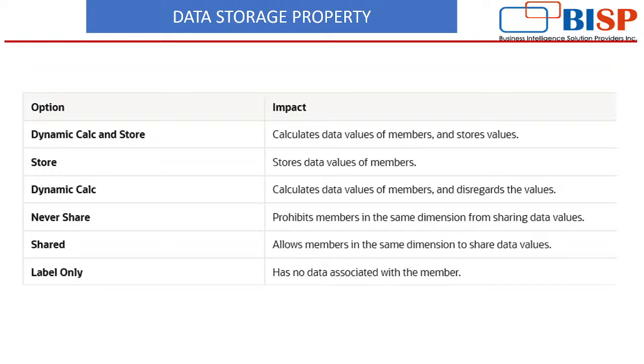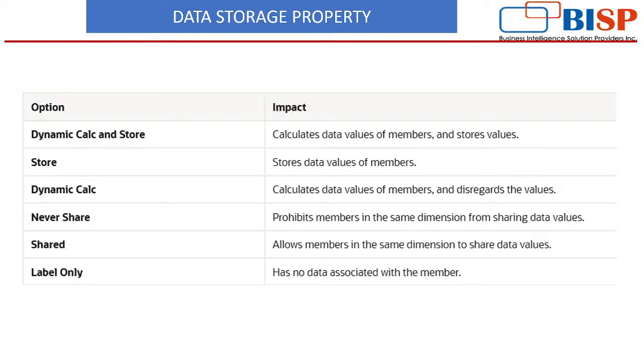So it is used when the same member exists in multiple hierarchies, but those members are supposed to have unique data for each of the hierarchies. That is, the data will not be shared ever in any of the hierarchies. For all the base members, if we want to share them in any other hierarchy and we don't want to share the data, then we will use never share.